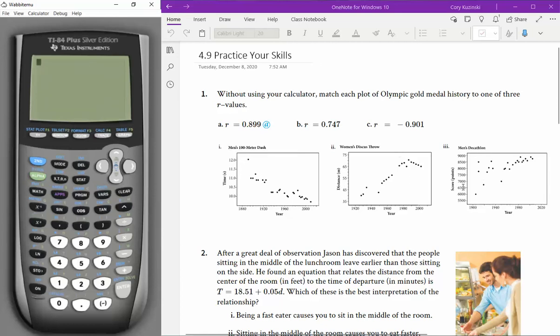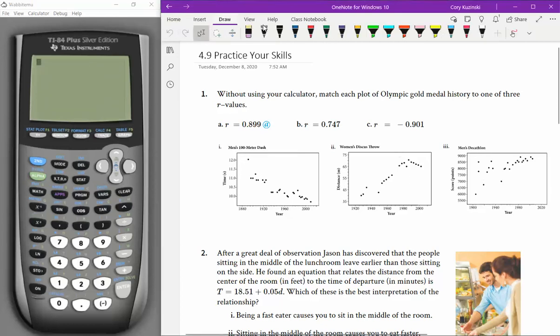That's the only graph where I see a negative relationship, and it's also the only negative R value there. So I'm going to say that C is graph 1.